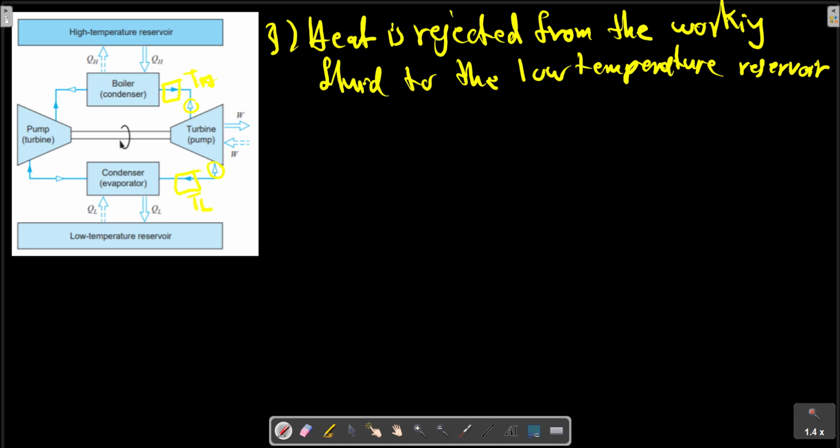This must be a reversible isothermal process in which the temperature of the working fluid is infinitesimally higher than the temperature of the reservoir.